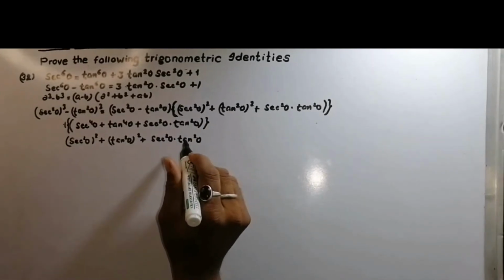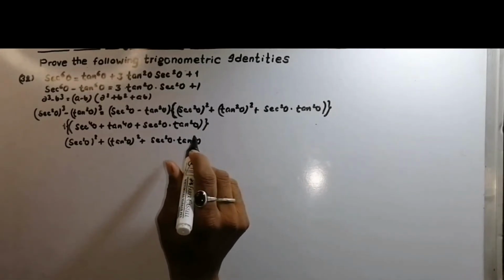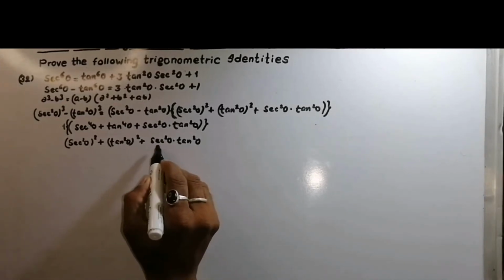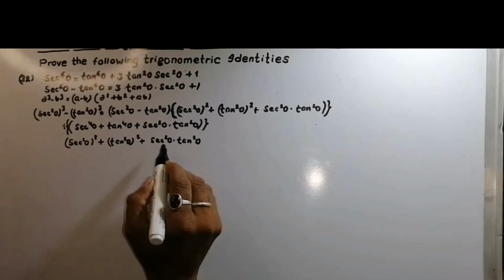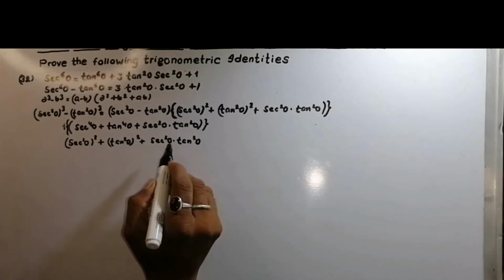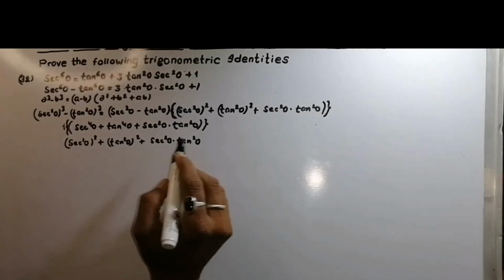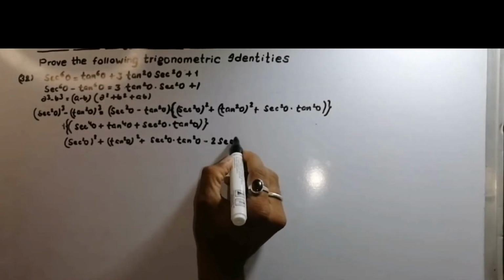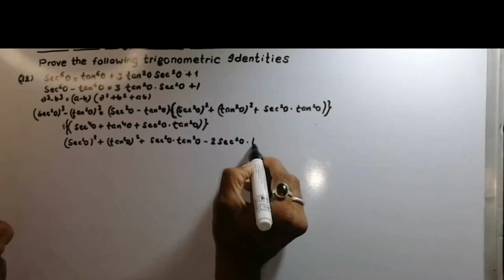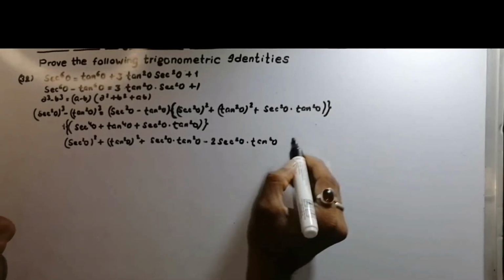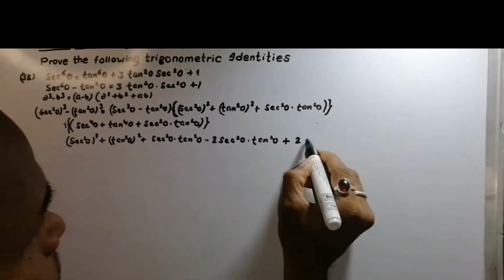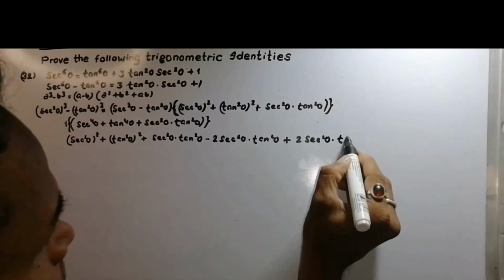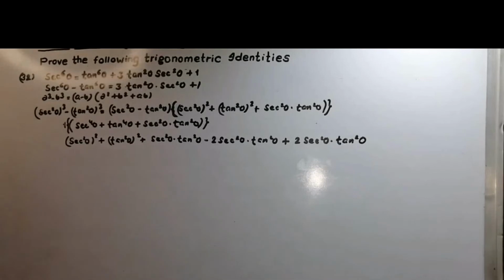So if we subtract 2 sec square theta into tan square theta and add it also, we get here minus 2 sec square theta into tan square theta and plus 2 sec square theta into tan square theta.